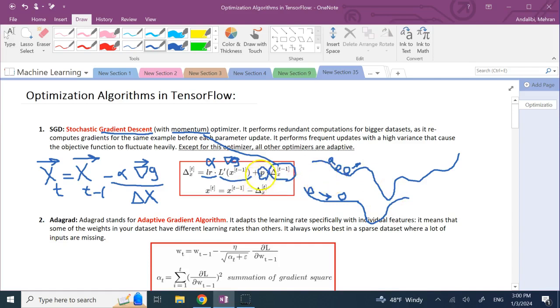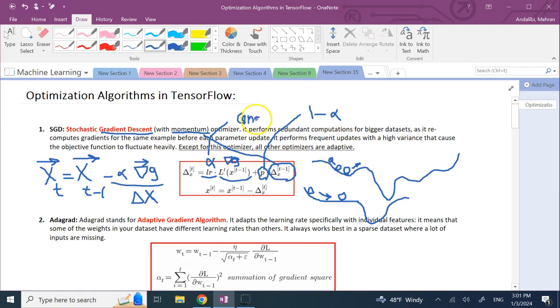And in many algorithms, they say that this P is equal to 1 minus alpha. So the sum of these two parameters is equal to 1. One of them is alpha, one of them is 1 minus alpha. And the thing is, this alpha, which is the learning rate, in SGD we consider constant.